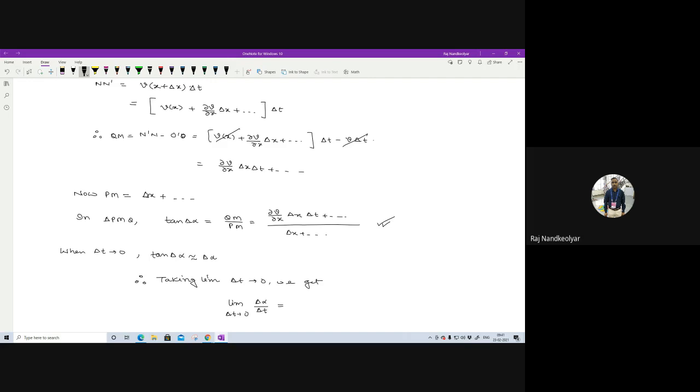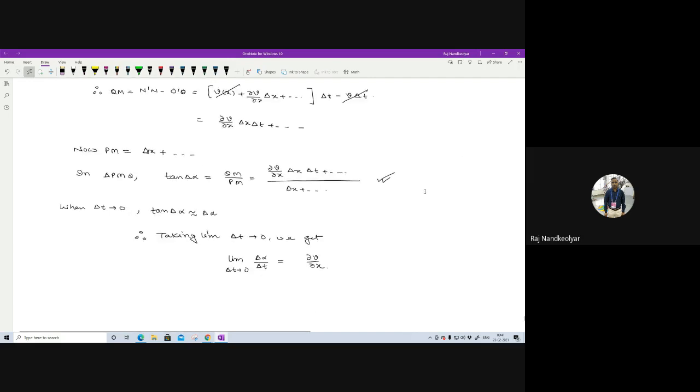And what will we get from here? We will get del V by del X. So this quantity, delta alpha by delta T, is actually denoted by alpha dot. So alpha dot is equal to del V by del X.